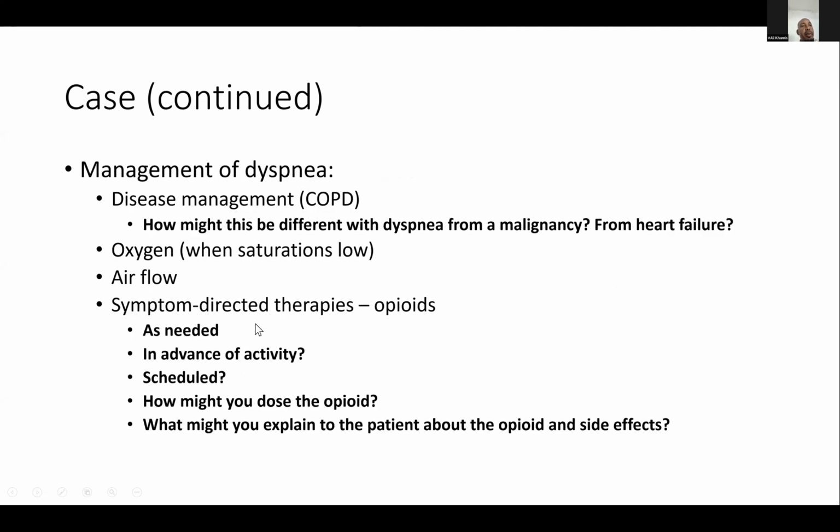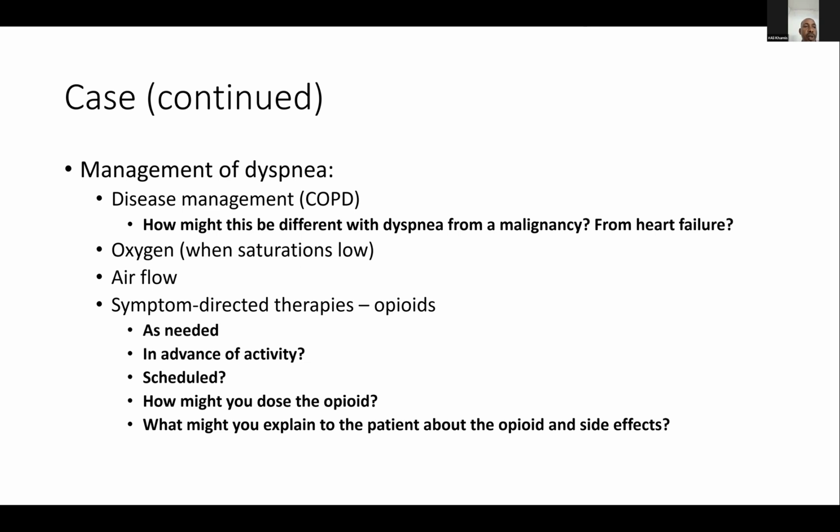And we come to the management of dyspnea. Disease management, COPD. How might this be different with dyspnea from malignancy, from heart failure? Oxygen when saturation is low, airflow, symptom-directed therapies, opioids as needed in advance of activity, scheduled.